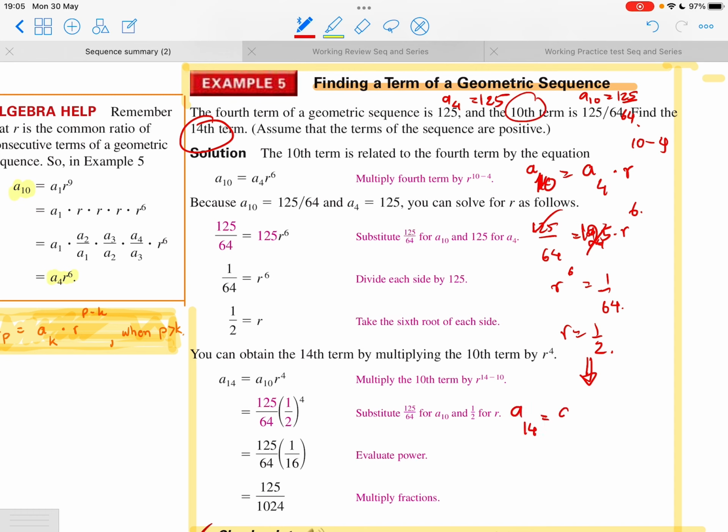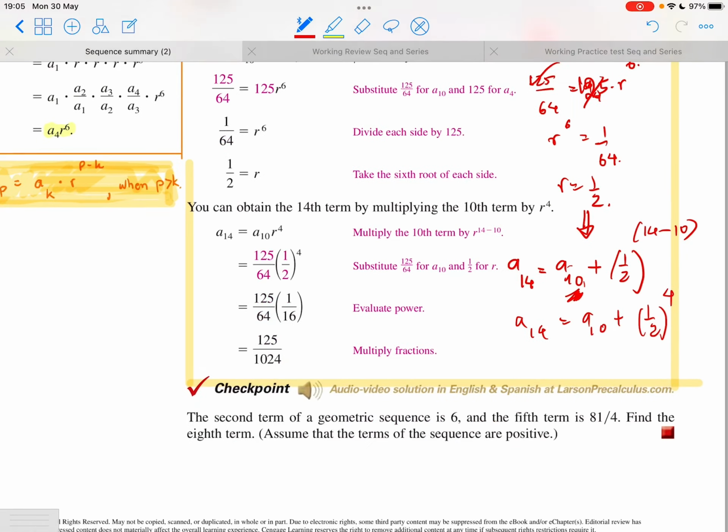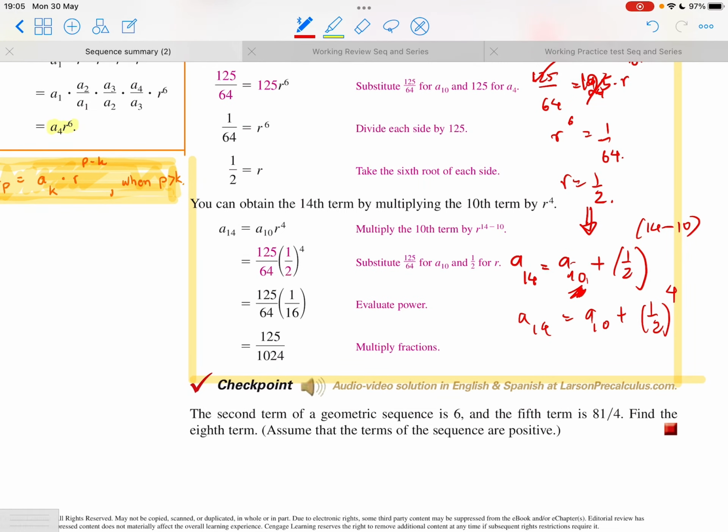So a14 is equal to a10 times r, which is 1/2, to the n minus k, so 14 minus 10, which is 4. And a10 in this case is given as 125 over 64. So it's equal to 125 over 64 times 1 over 16. And then you can simplify it.